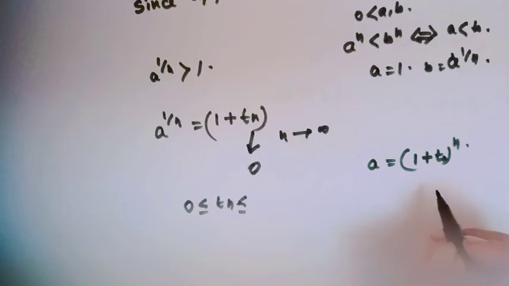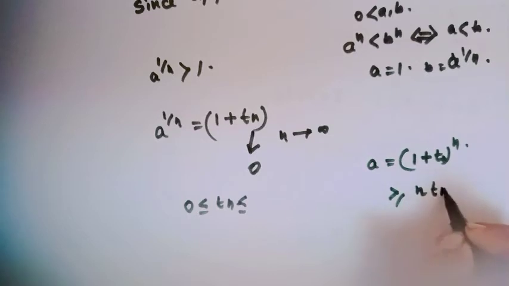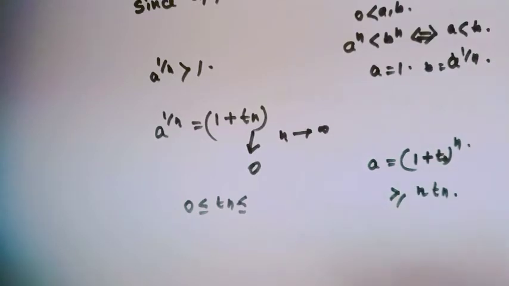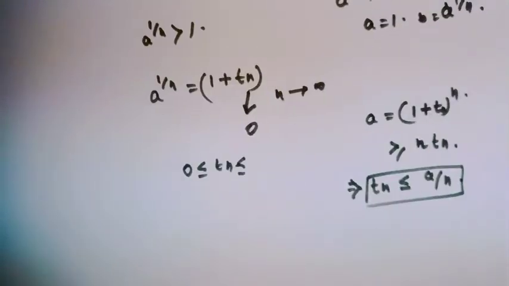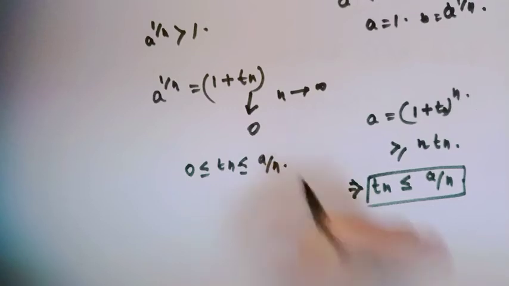If we apply Bernoulli's theorem, then this is greater than or equal to n times tn. That implies tn is less than or equal to a over n.